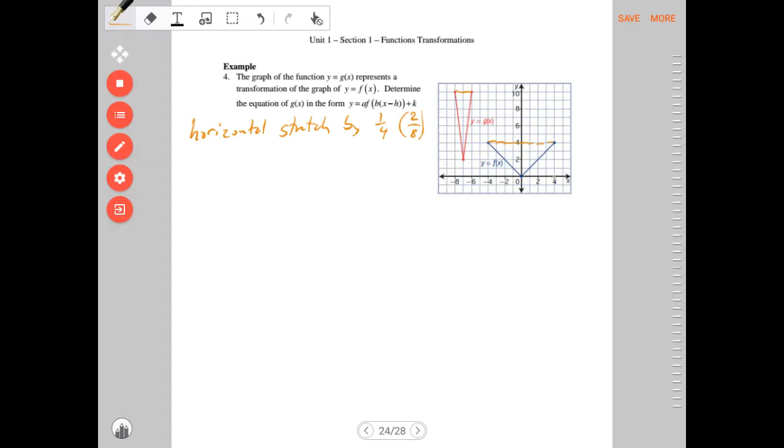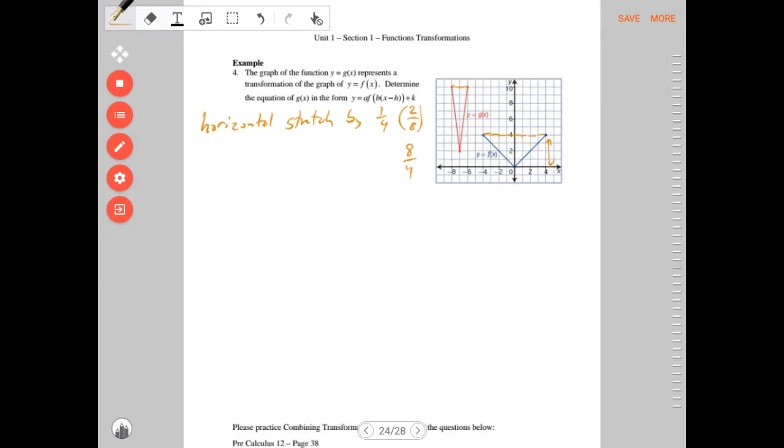Now we do the same thing for the y's. The original is 4 tall. The new one is 1, 2, 3, 4, 5, 6, 7, 8 tall. So the new one is 8 tall. The old one was only 4 tall, so that works out to 2. So this is a vertical stretch by 2.